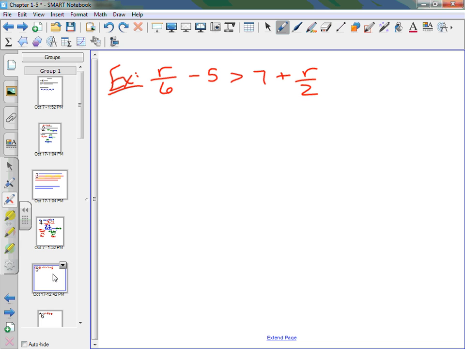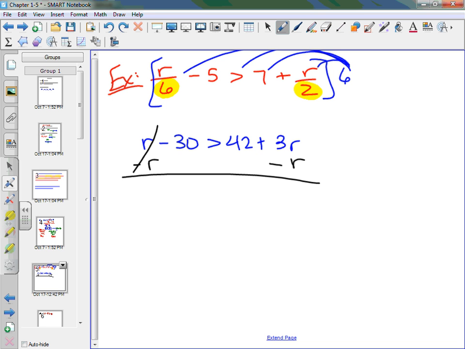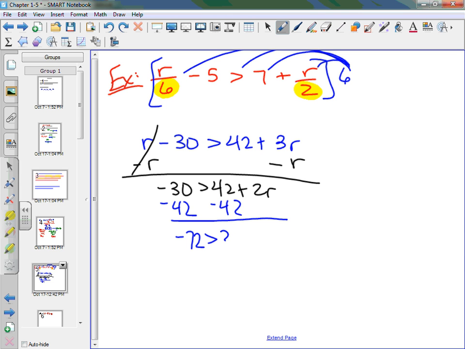I'm going to subtract r from both sides. So that gives me negative 30. Do I flip the sign? Nope. 42 plus 2r. We're all copying down these notes, right? We're not on a vacation day today, right? Now what do I do? Subtract 42. Now, do I flip the sign? No, because I did not divide by a negative number.